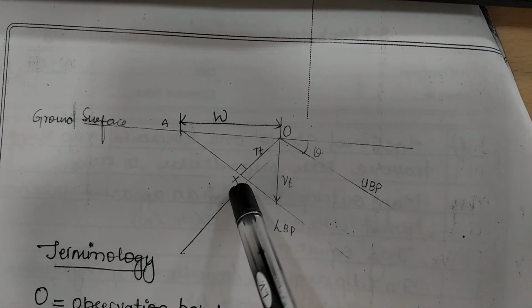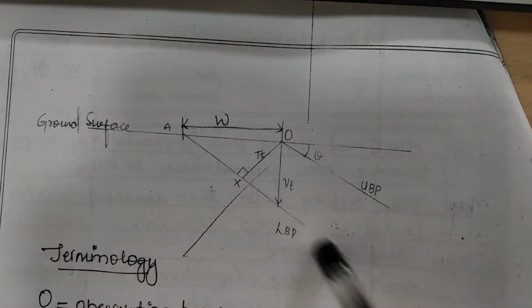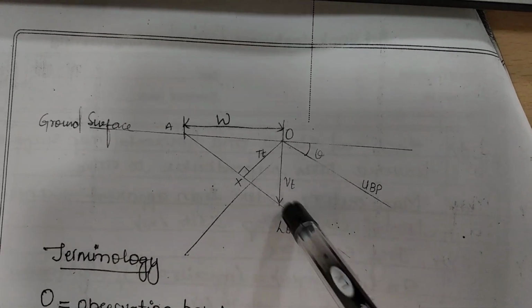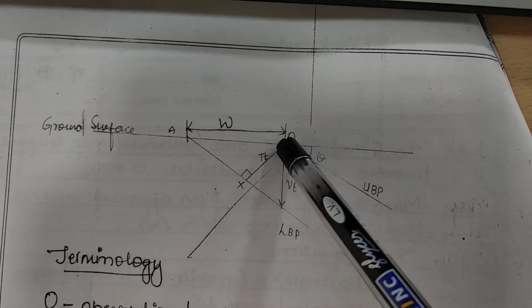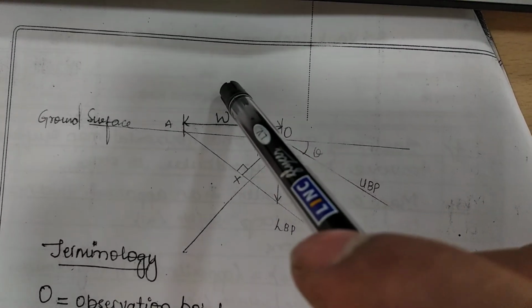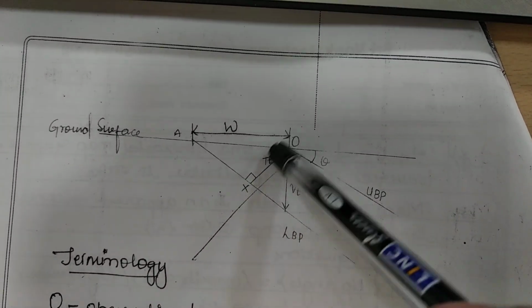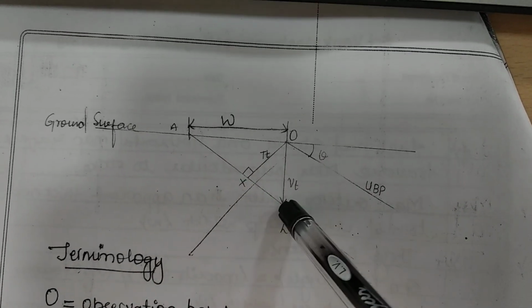Another one is the true thickness, the actual thickness of this rock bed exposure. This true thickness is perpendicular to the upper bedding plane. This is a strike line, and this is the dip. So this is the true thickness, and this is the vertical thickness.